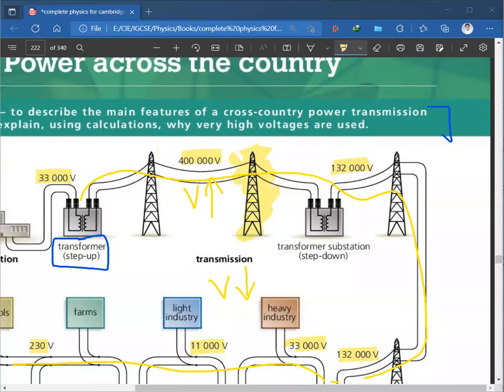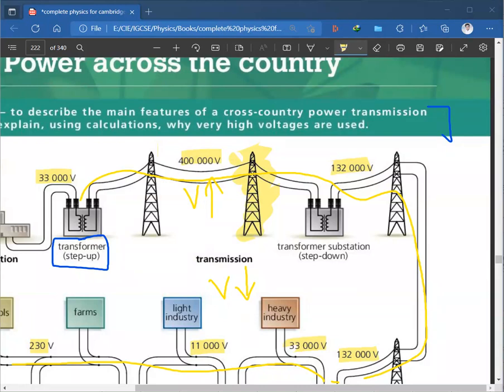Now what's happening is the power station has low voltage, or let's say moderate voltage. Then we have step up, and after the step up, moderate voltage will increase to, let's say, very high voltage, and then it is transferred in your power cables, the overhead cables.